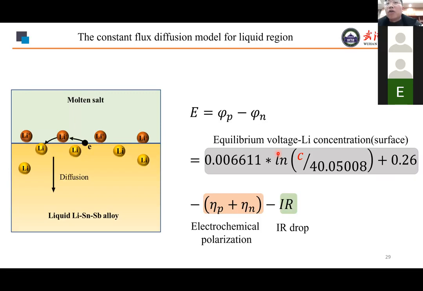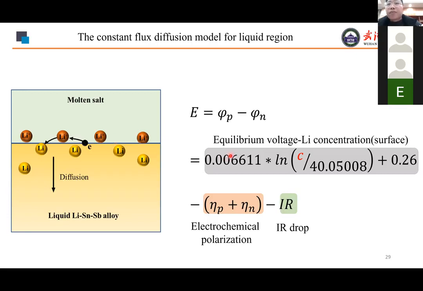When the positive alloy is liquid state, the reduced lithium diffused into the liquid alloy. The lithium flux is constant during constant current discharge. We can use the constant flux diffusion model to simulate this mass transfer process.